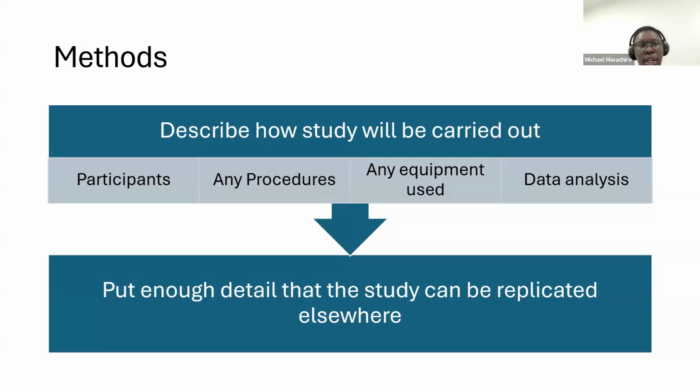And very importantly, put enough detail so that the study can be replicated elsewhere. Actually, this is usually one of the key things when you're having studies, that you can be able to show others. Somebody else can do the exact same study and say, the study done by Mwenda et al., we found ABCD, and now we are continuing from this point and we have found this. And so that's one of the ways that scientific rigor is established.